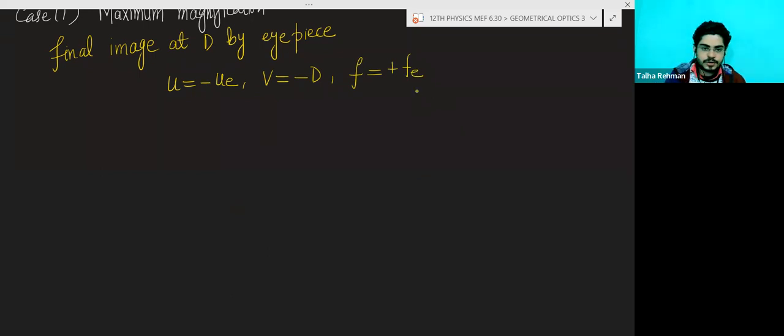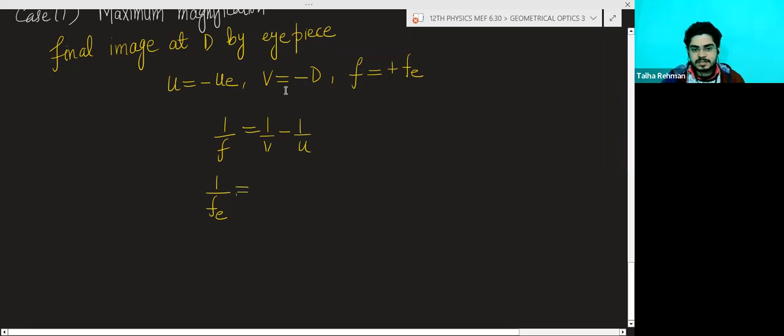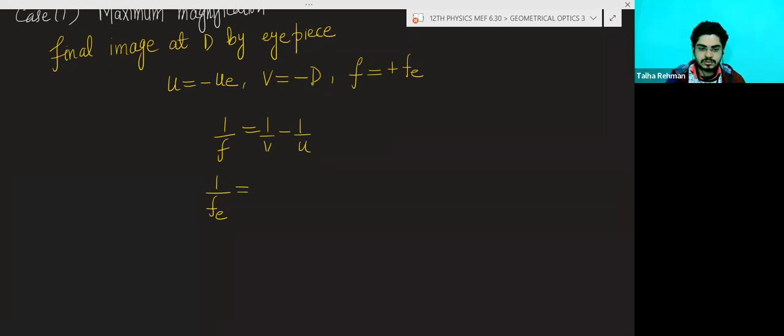Now apply 1 upon f is equal to 1 upon v minus 1 upon u. We are applying this formula for the eyepiece, so we will take all the terms for the eyepiece. 1 upon FE is equal to, what is the image distance? It will be minus D, so minus 1 by D, minus of 1 upon minus of UE.